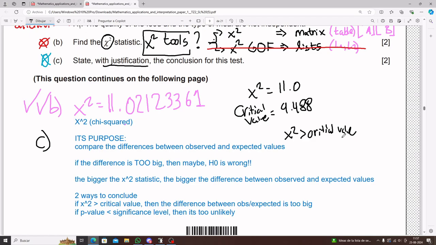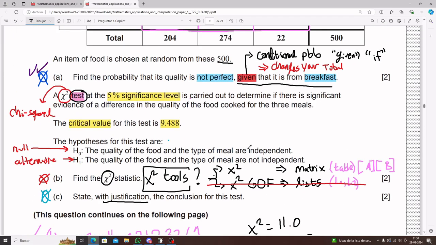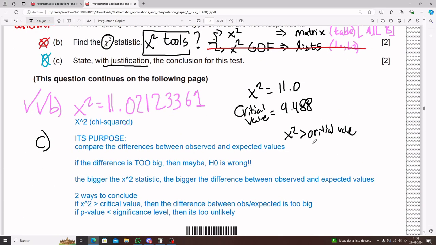So if chi-squared is bigger than critical value, then the difference between observed and expected is too big. And so if the difference between observed and expected is too big, then quality of food and type of meal are not independent. Then you reject H0, right? You would have to reject H0.